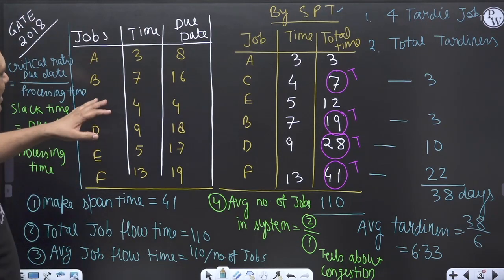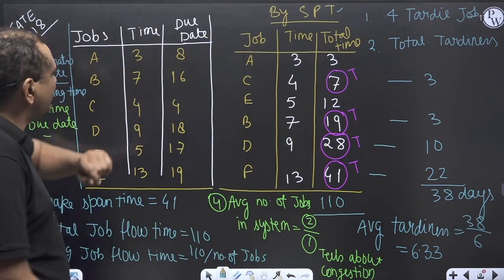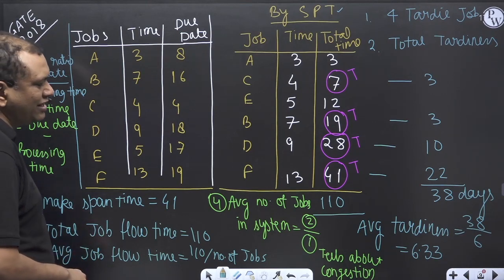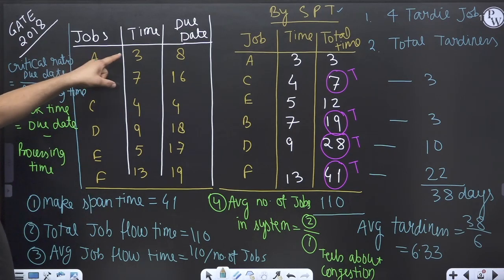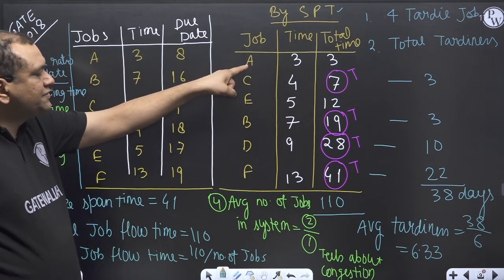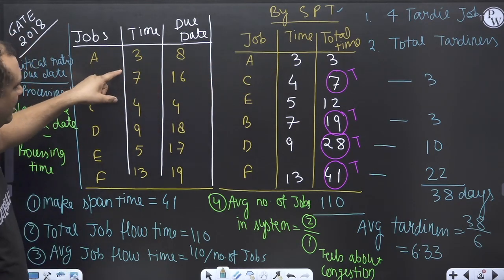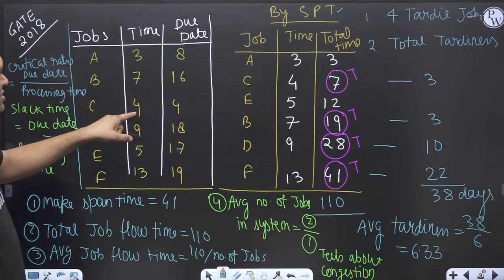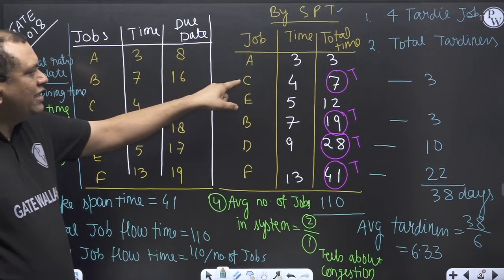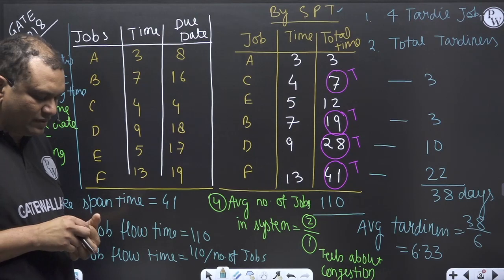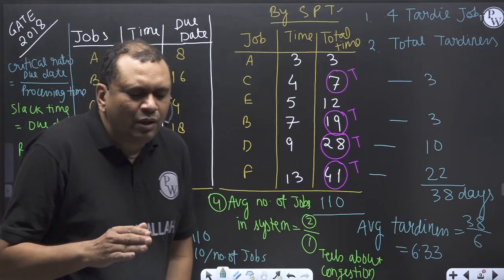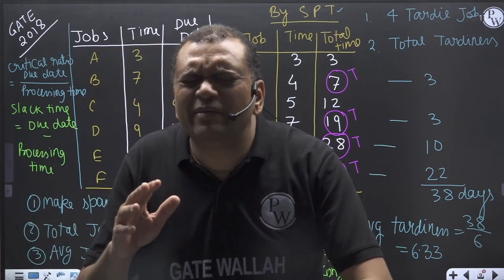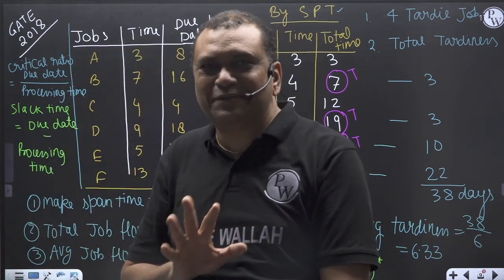So now, if I follow SPT, shortest processing time, look at the board. A has the minimum processing time, so I will process A first. After A, C has processing time 4, so I will process C. I will go in increasing order of processing time. SPT means whatever product has the minimum processing time, I will process it first.